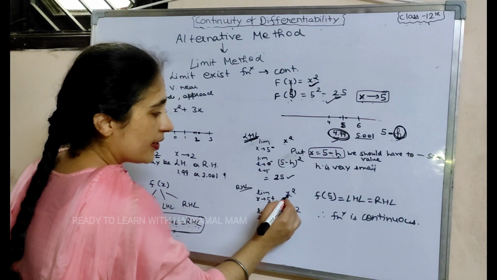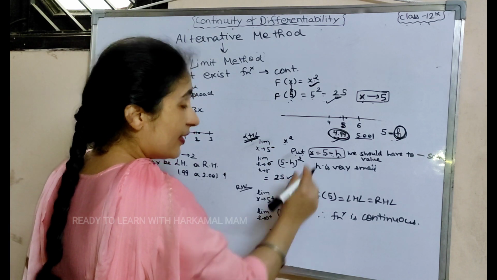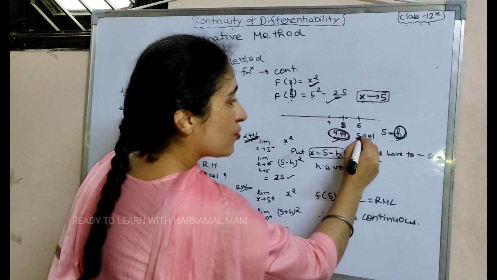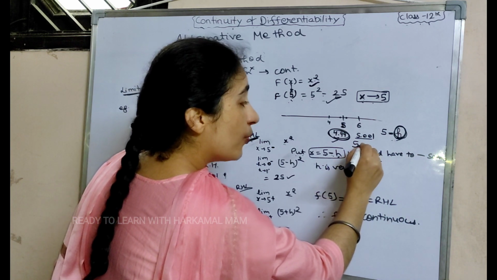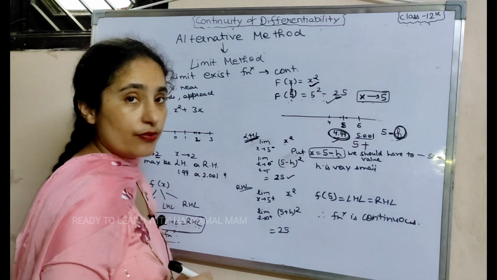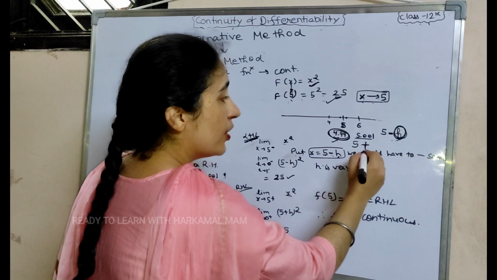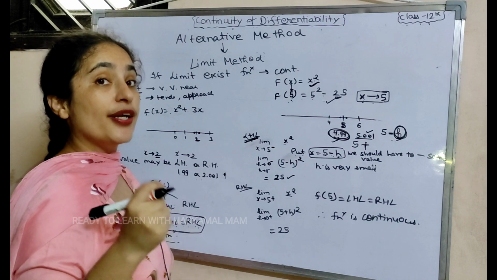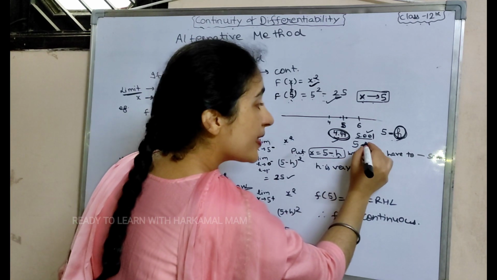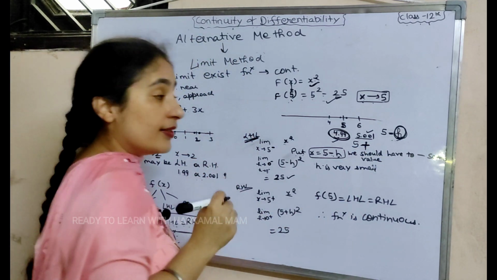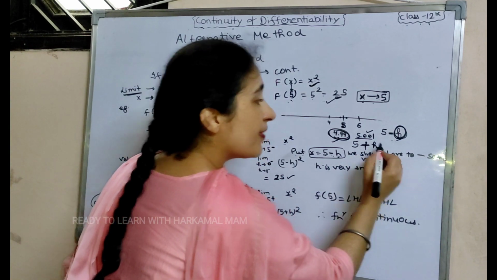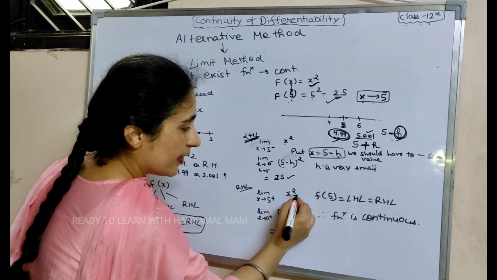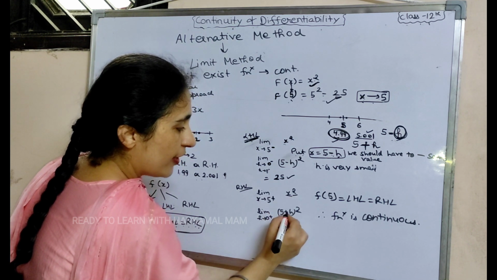This is 5, so we have to add some value to get this number 5.001, but the addition is very, very small. This is h. So 5 plus h whole square, on putting x is equal to 5 plus h.